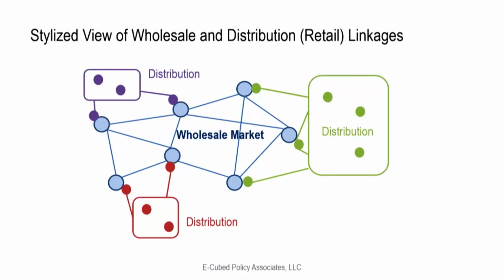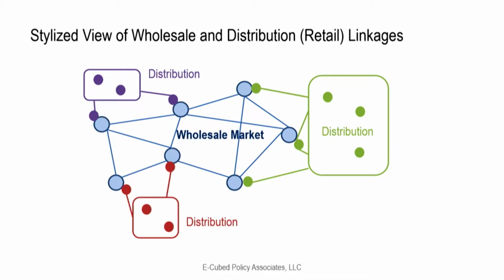So let me kind of start with a stylized view. I wanted to make this a little colorful. So think of this as a stylized version of the bulk power transmission system and wholesale markets in combination with the distribution system. And you have multiple distribution companies surrounding the wholesale market, as denoted by the different colored dots and squares or rectangles.